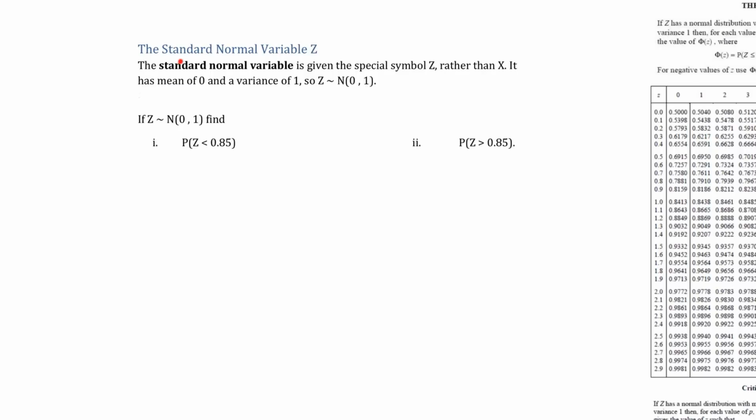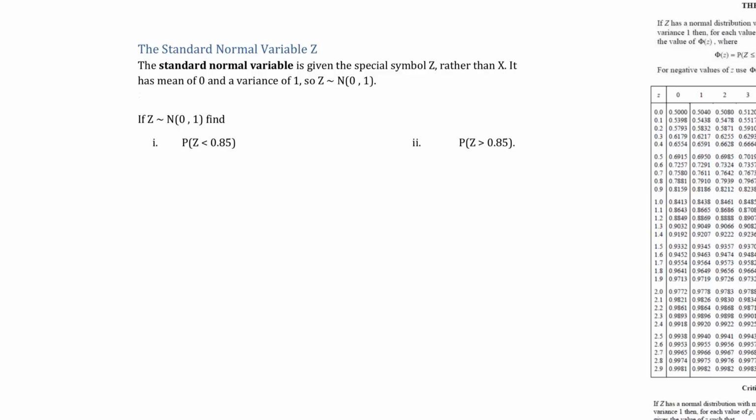Okay, so let's have a discussion on the standard normal variable. The standard normal variable is given the special name z rather than x. So if x was defined as time, that is our main variable, but we will standardize it in terms of z so that we can use the table. Now in this particular example, z follows a normal distribution with mean 0 and variance 1, and you are being asked to find the probability of z less than 0.85.